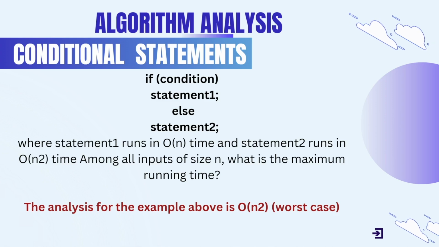Suppose statement 1 runs for order of n time and statement 2 executes for order of n square time. Since only at runtime will we know which of these two will get executed, and as we are estimating the upper bound of an algorithm, for the safer side we will always take the highest one, which is order of n square.